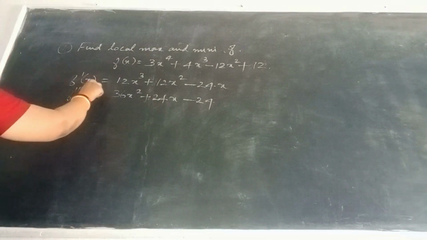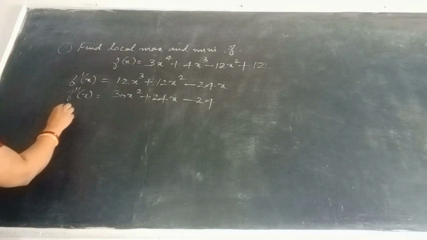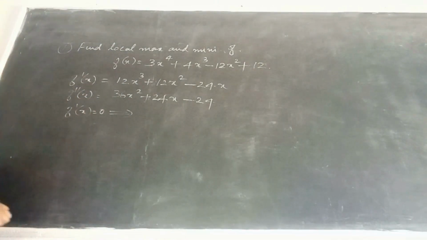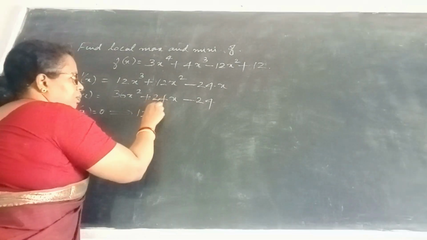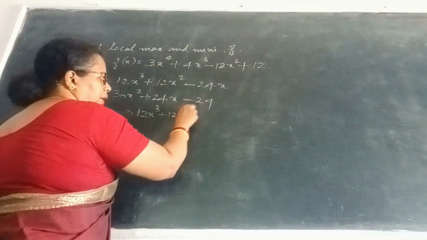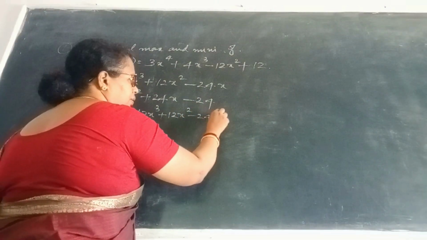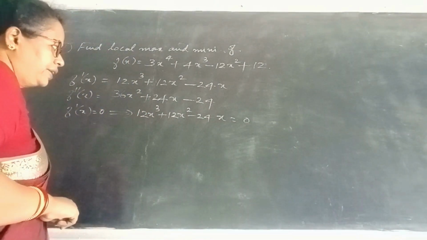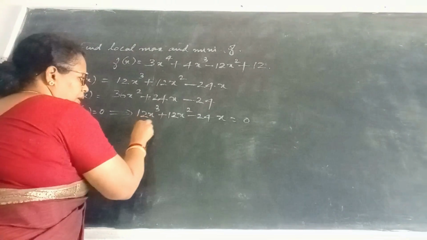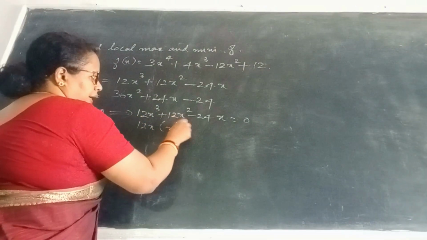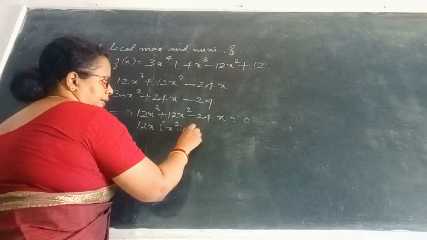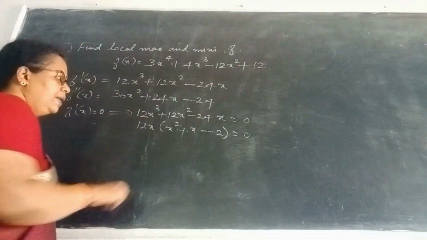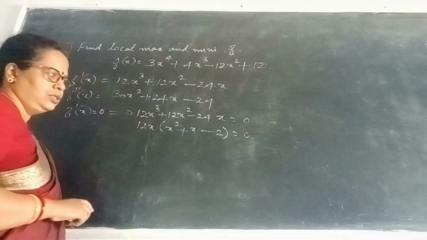Now what is the next step? We should equate f dash x to 0 to get the extreme values. So f dash x equal to 0 implies 12x cubed plus 12x squared minus 24x equal to 0. We can see 12 and x are common factors. Taking them outside, 12x into x squared plus x minus 2 equal to 0. Let us factorize x squared plus x minus 2.